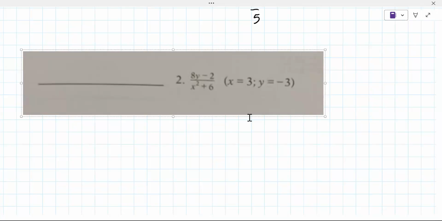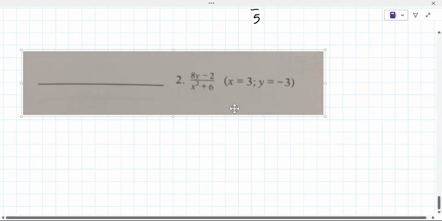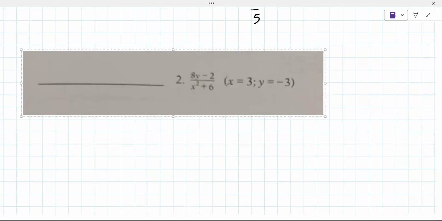Okay, so the first answer would be 1.733 repeating. Can you turn that into a fraction? 26/15. Okay. Negative 2016/15. All right.